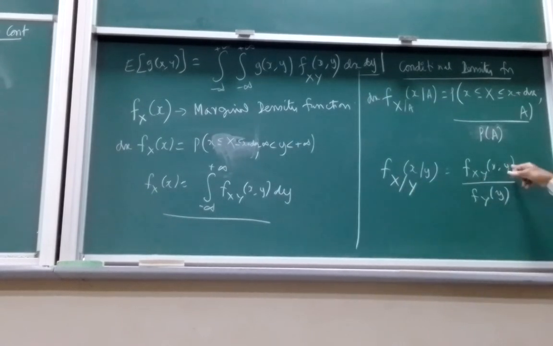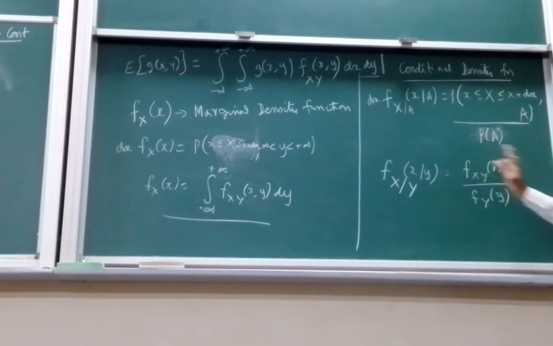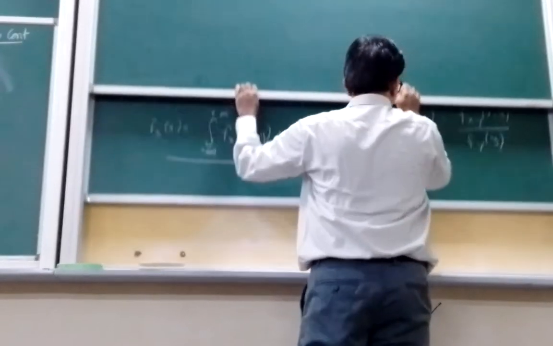A given B is A and B by B. Although these are densities, this interpretation is right.